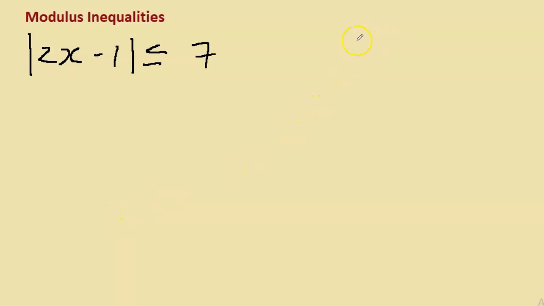Let's do a basic one. If I say the modulus of x is less than or equal to 7, and I have a number line here, let's put 0 in the middle.